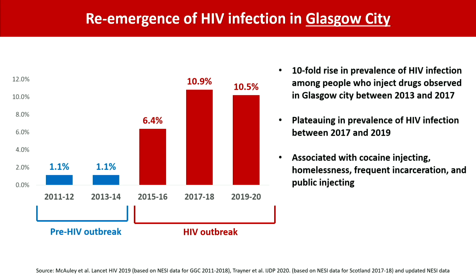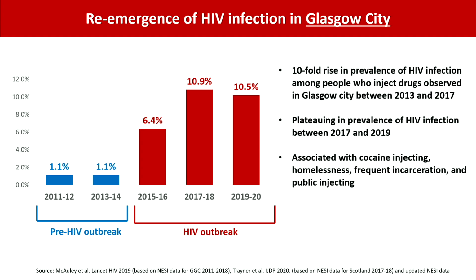So I said before, the focus has really been about hepatitis C, but we have tested for HIV, and it's been really important for us to do that, because through that, NESI was really important for us to capture this re-emergence of HIV infection in Glasgow City. So testing for HIV in the local community was actually quite low, so it was difficult to get a handle on the extent of HIV infection once we were alerted to the HIV outbreak.